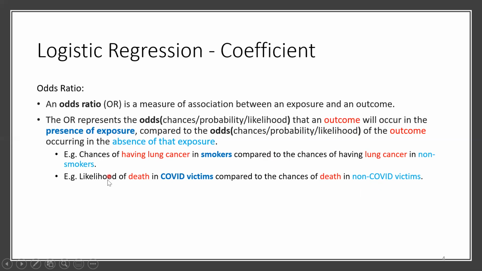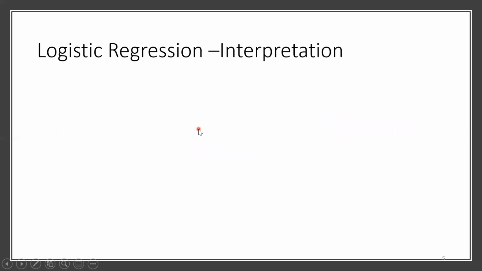So the interpretation of the odds ratio would be the likelihood of death, which is our outcome, in COVID victims, which is our exposure, compared to the chances of death in non-COVID patients, which is the non-exposure.